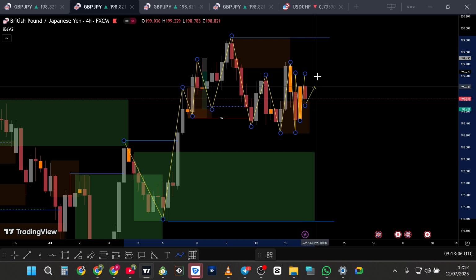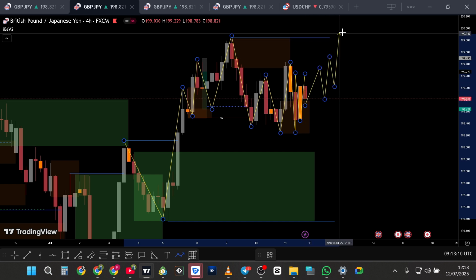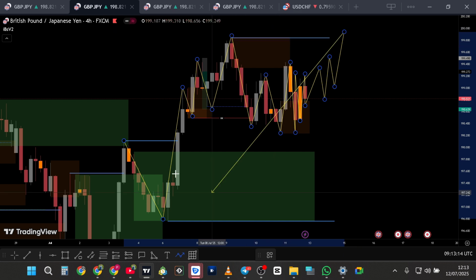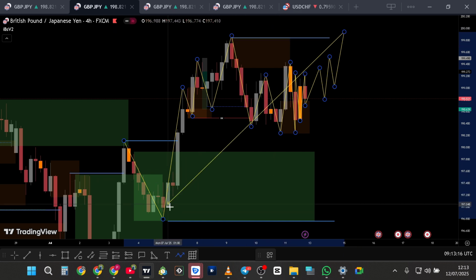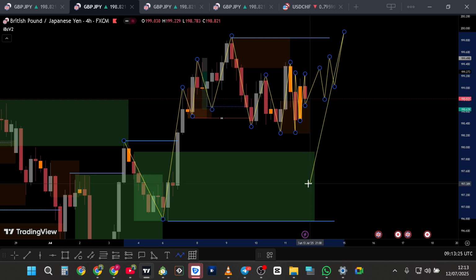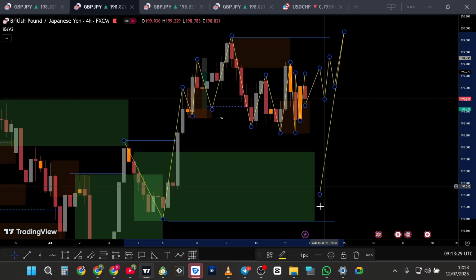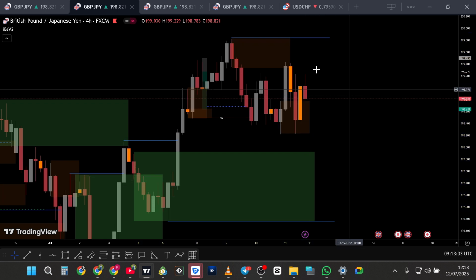So maybe it could be moving correctively and continue to the upside to break that structure. But there could be some few gaps, some few demands that want to be filled here. So from this point, it could continue to the downside also, and expect some few moves to the downside before maybe reacting around there and then continuing to the upside.